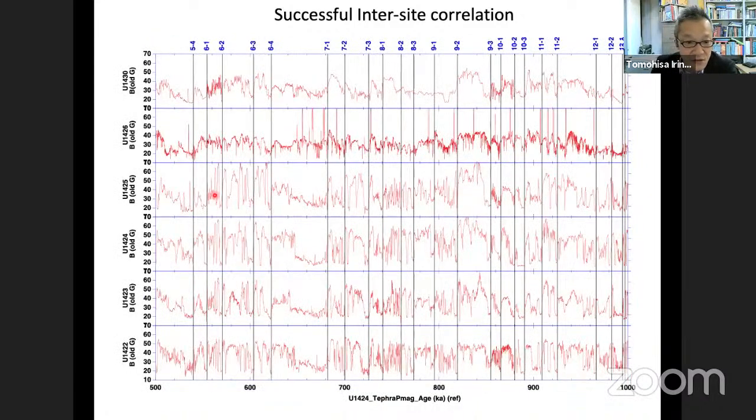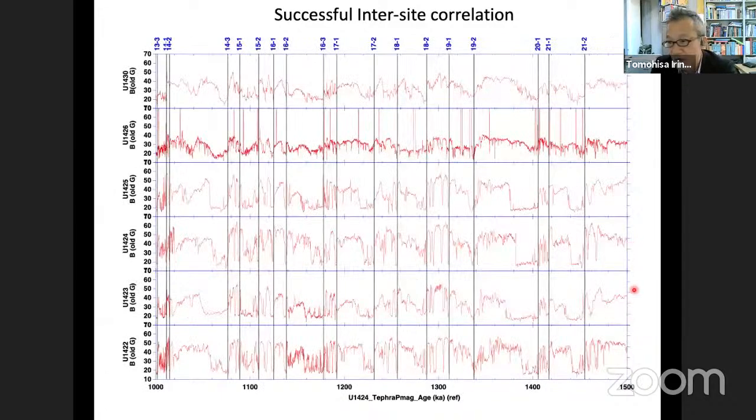This correlation is continued to 1 million years ago and down to 1.5 million years ago. Below this, the correlation is not very easy due to the unclear color or unclear change in the dark-light cycles.